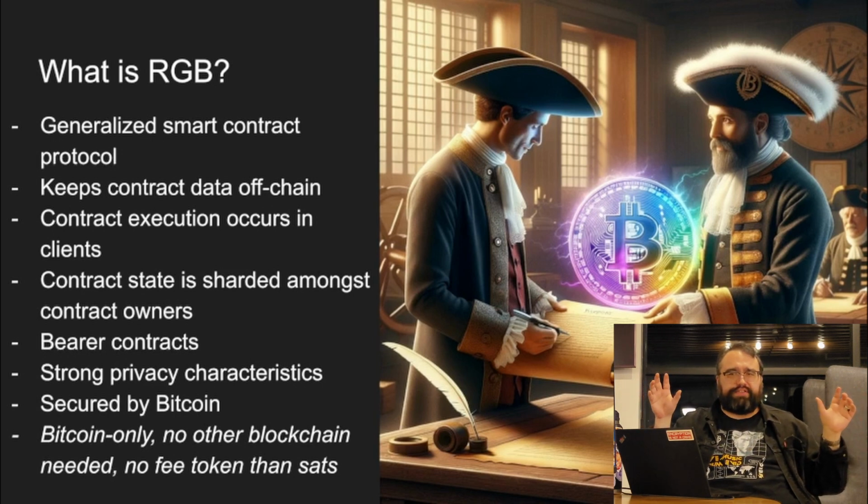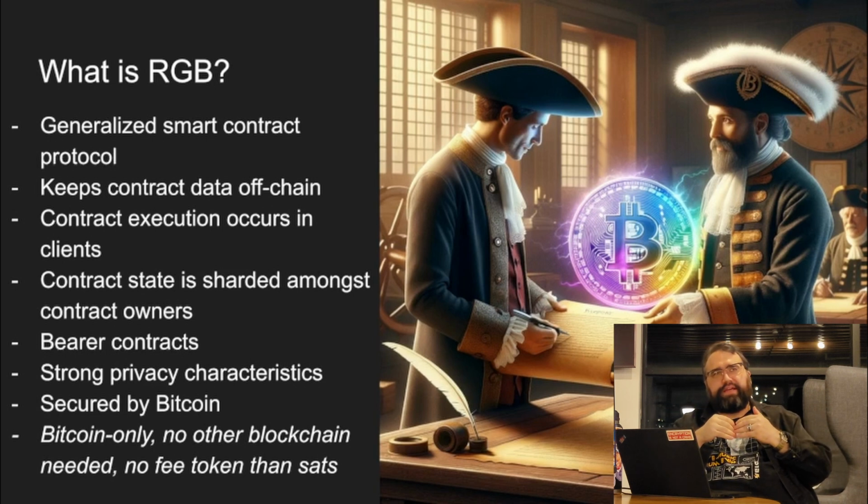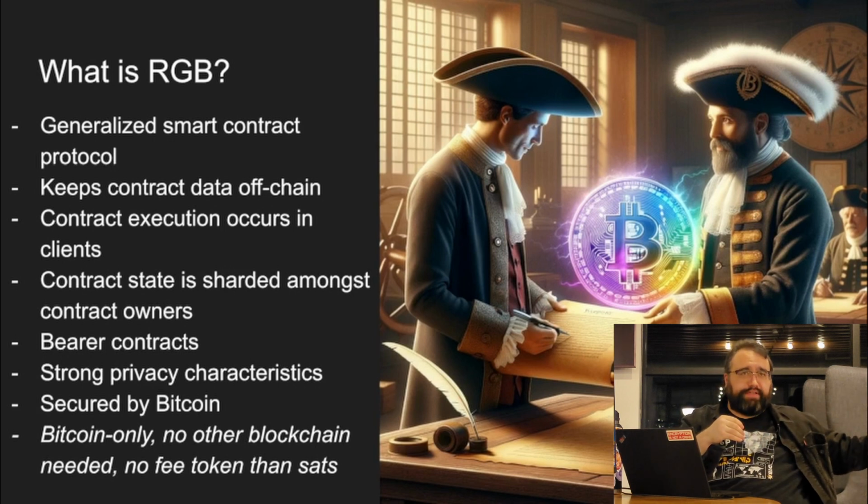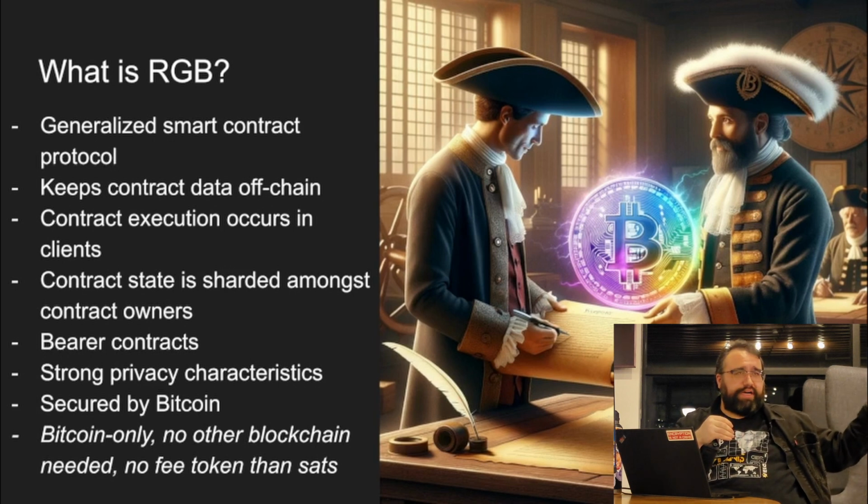So you only need to know the history of the token holders that had the tokens that you have before you. But you don't need to know the token histories of everyone else's tokens in order to validate your own tokens, your own token supply.